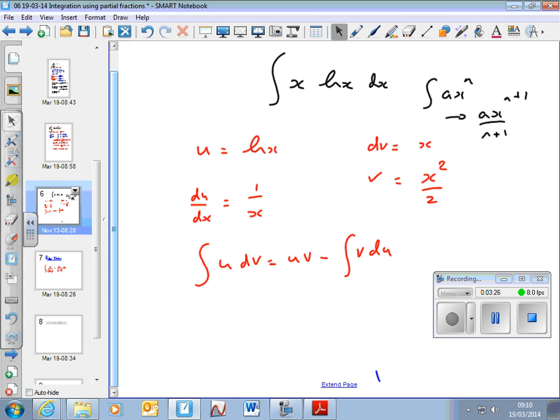No, we're not using algebraic substitution. All we're doing is saying, when I see du, I'm going to use that. So I'll pause that, and then we'll carry on in a sec.